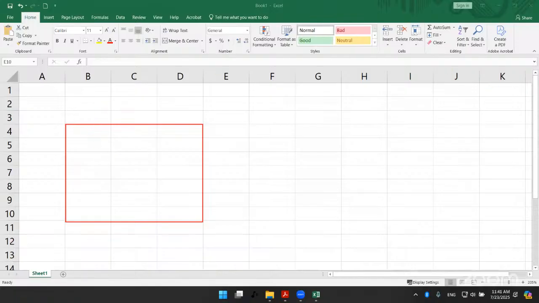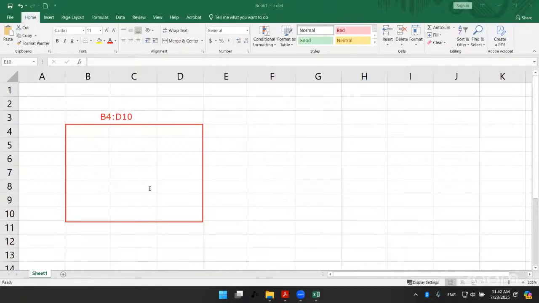We are going to write the name of this cell, B4. I think you know how to write a cell name: first we write the English letter, and then the row number. So first we use the top left one, then we use a colon, and then we write the bottom right one, here D10.